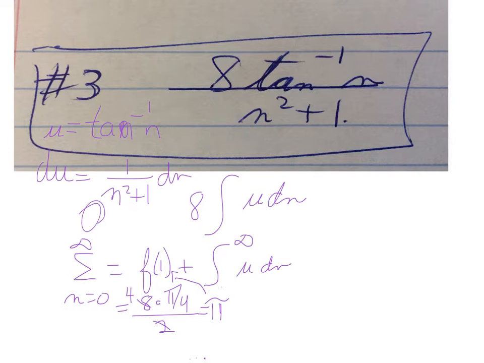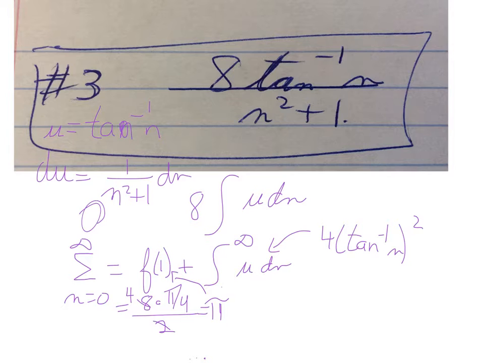The second one, when you integrate this function, I think what you should get is 4 tan inverse squared. Now, as tan inverse goes to infinity, the limit is pi over 2.